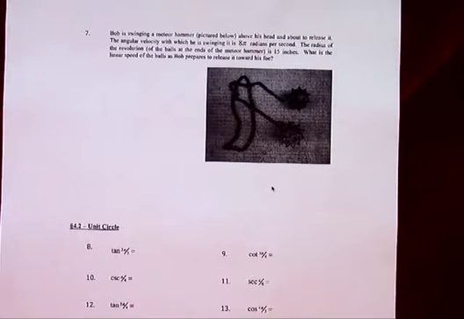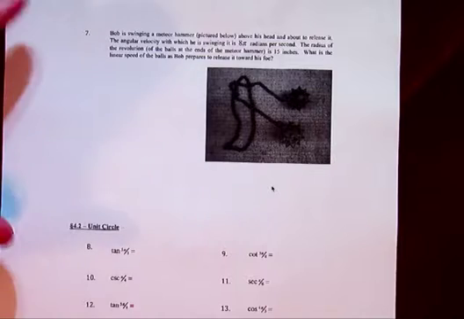Bob is swinging a meteor hammer, and if you can't see that picture all that well, a meteor hammer is basically a long chain, and at either end is a spiked metal ball, and you basically spin it around over your head and release it, and it does some damage if and when it hits something.